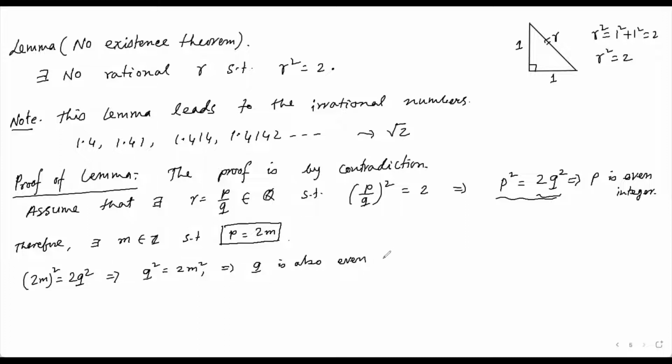Okay, q is also even, and similarly there exists n in the set of all integers such that q equals 2n. Now note that GCD of p comma q is equal to GCD of, so we replace p by 2m and q by 2n, which is equal to GCD of 2m comma 2n.